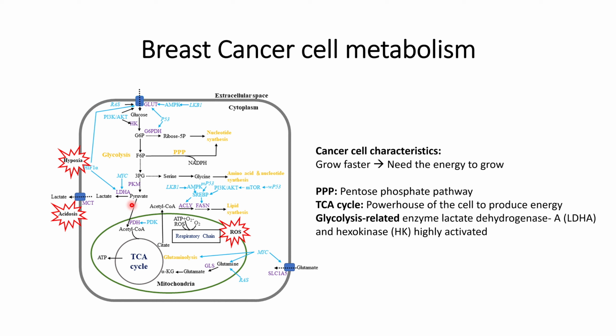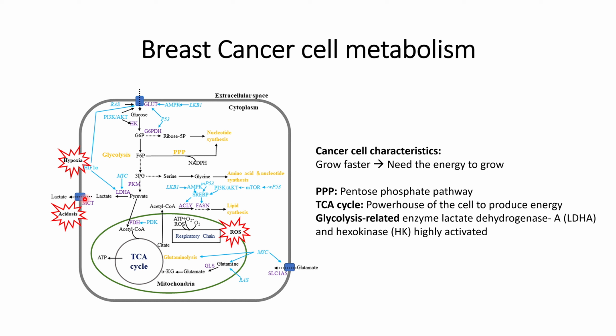In breast cancer cells, these glycolysis related enzymes are highly activated. So this leads to further breakdown of the glucose and can use the oxygen for their energy supply requirements.